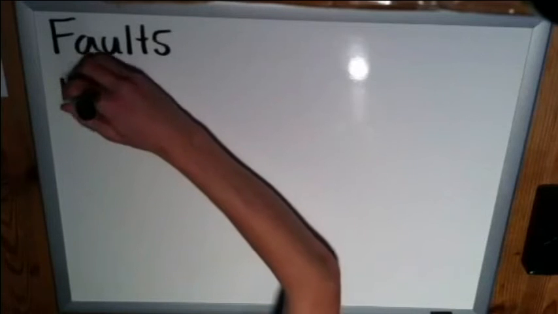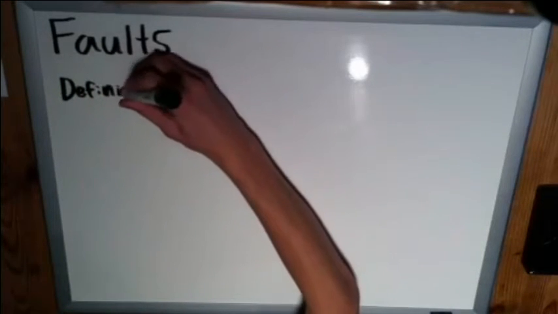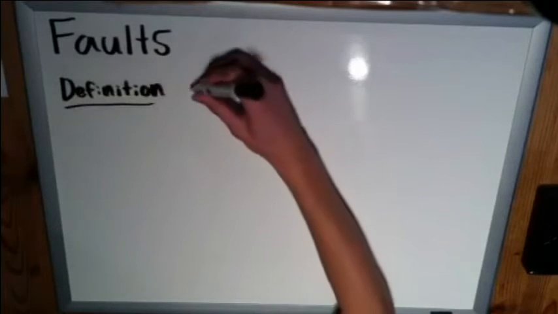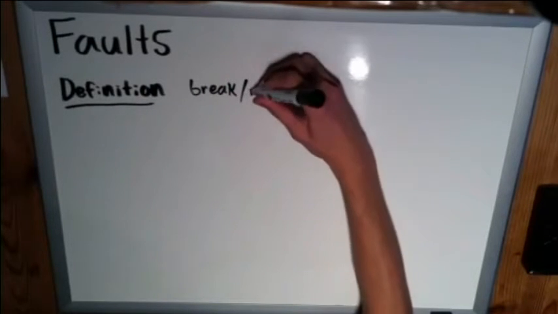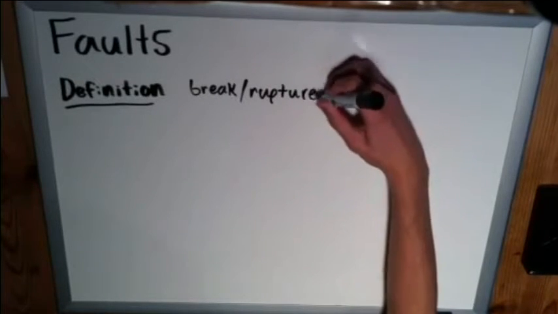So the definition of a fault is simply a break or rupture in a body of rock, right? A break or a rupture. And this generally occurs due to brittle failure.